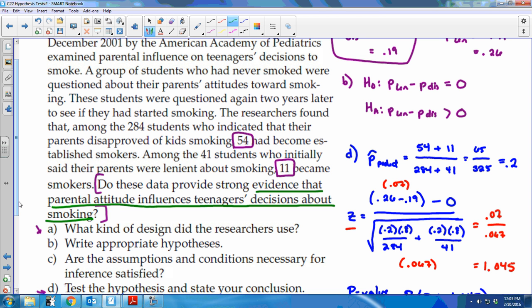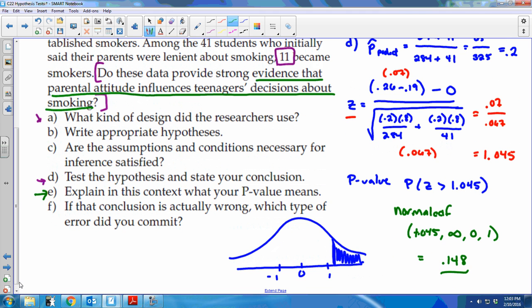In your Z, you would do 0.19 minus 0.26 because you did disapproving minus lenient in your hypotheses. And then you would get a negative value, and you would have less than, so you'd do negative infinity to that value. It's symmetric, though. It would be negative 1.045. So you'd still get the same exact p-value. I just like things to be positive. Other questions?